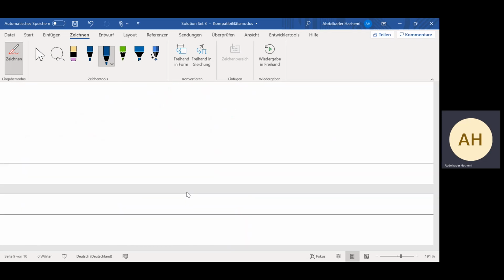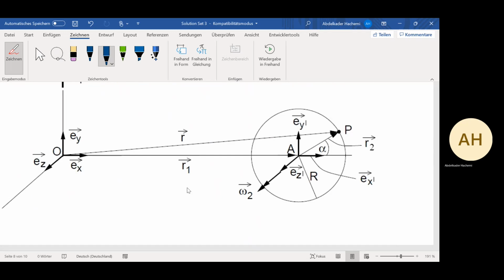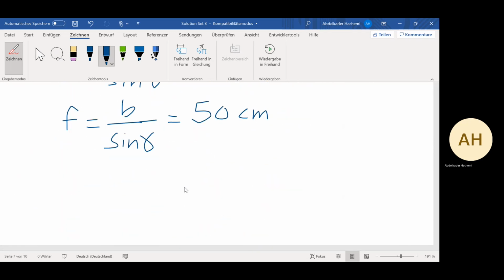Now coming to the second question. The second question asks to determine the angular velocity of the rod S. We have VA, which we know, as we said.